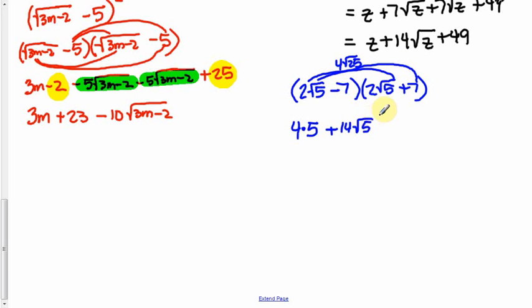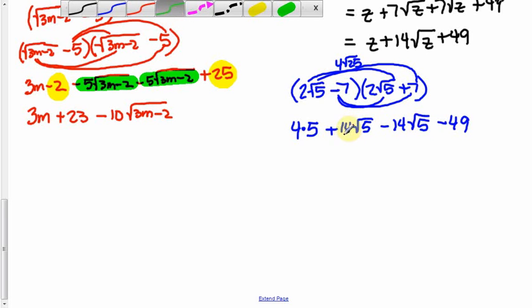Inner, negative root 7 times 2 root 5. That's negative 14 root 5. That's where you should take note of what's happening. And then negative 7 times positive 7 is negative 49. What happens here in the middle? They cancel.